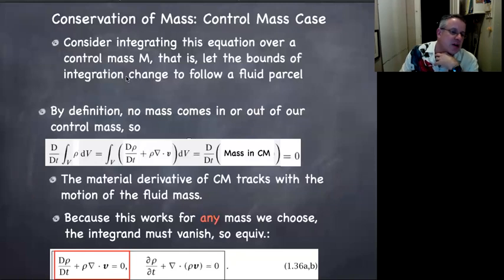If we want to go the other way, we can also think about a control mass. What about the conservation of mass in a control mass case? Well, now we're talking about the material derivative, the total derivative of the mass in the control mass, which is 0.